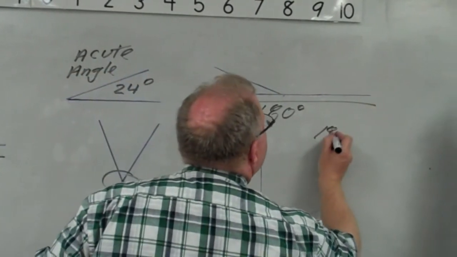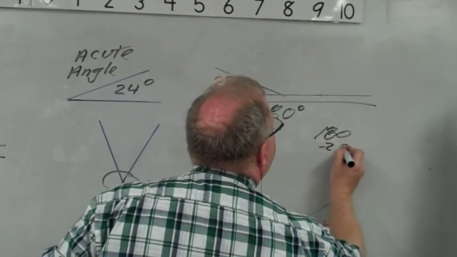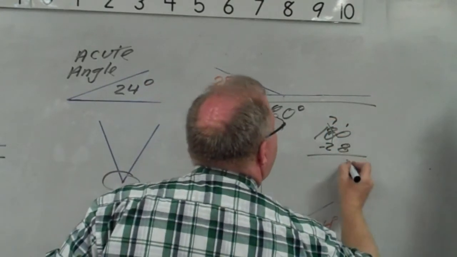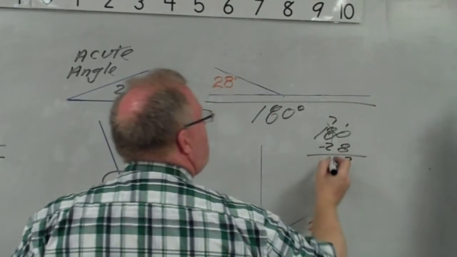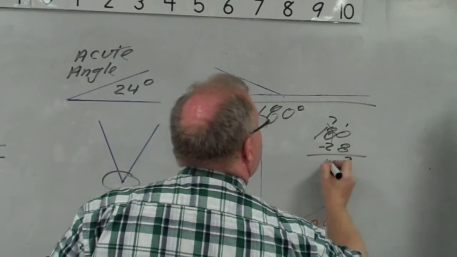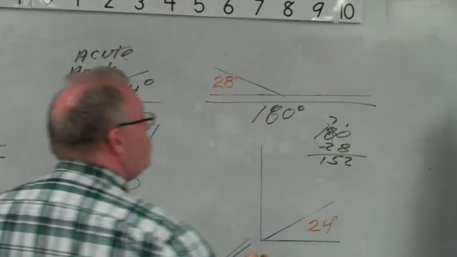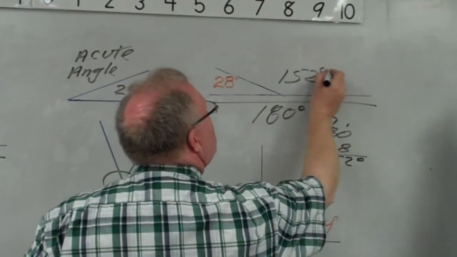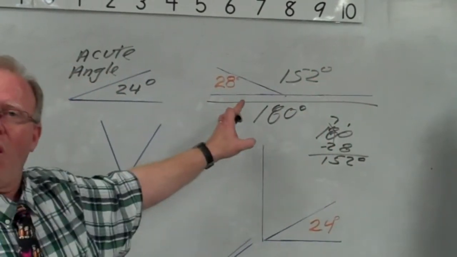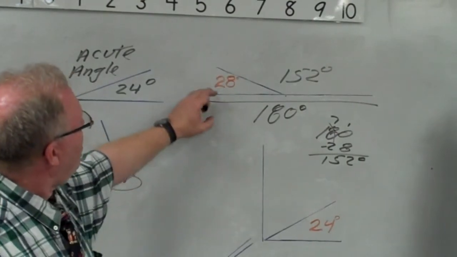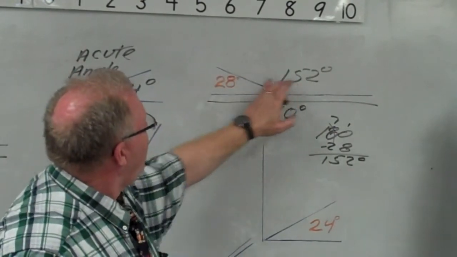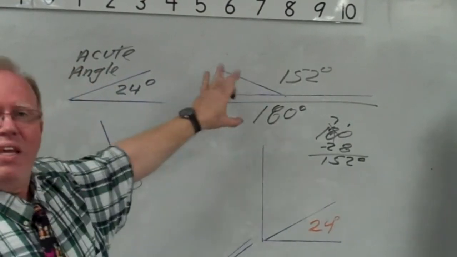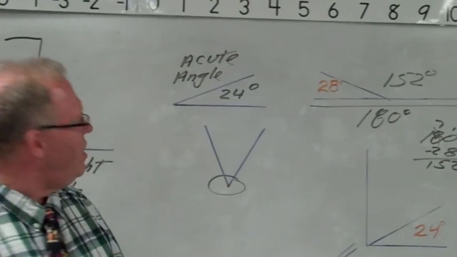I've got 180, and I minus 28 from that. I'm going to borrow there, and there's 7, and there's 10. That's 2, and 7 minus 2 is 5. 152. So this must be 152 degrees. Wow, that works out really well. So as long as these two end up at 180 degrees, I've got exactly what I need. I can figure out everything that I need.